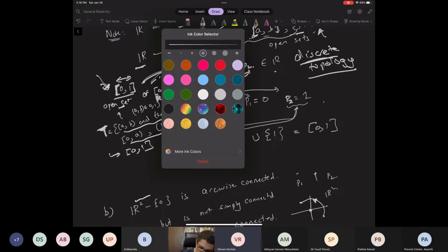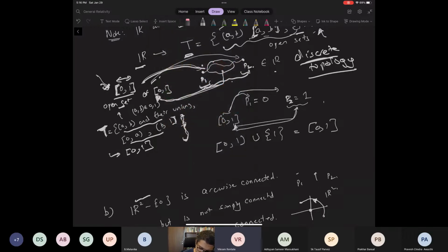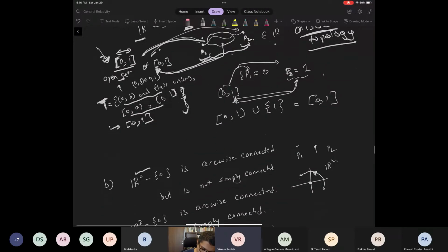So sorry, let's just clarify. What we mean by a continuous map is that there's a map from the base space X to a space. Now we choose a subspace of this space which involves two open sets, P1 and P2.